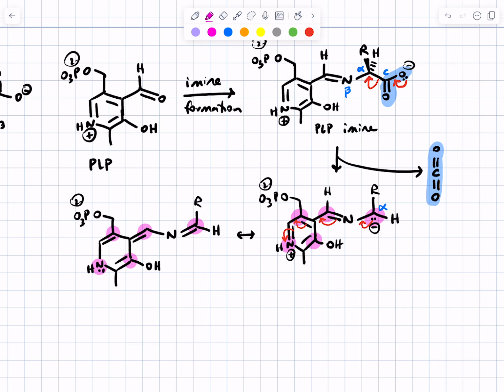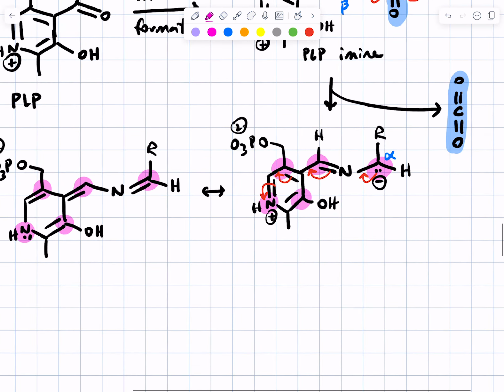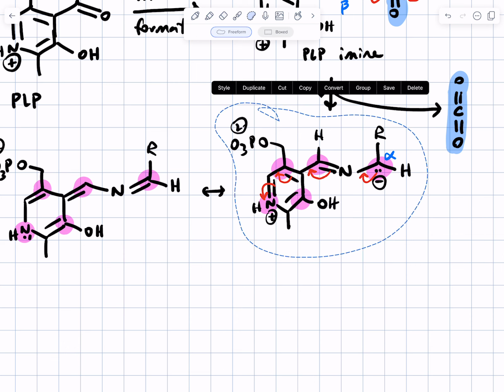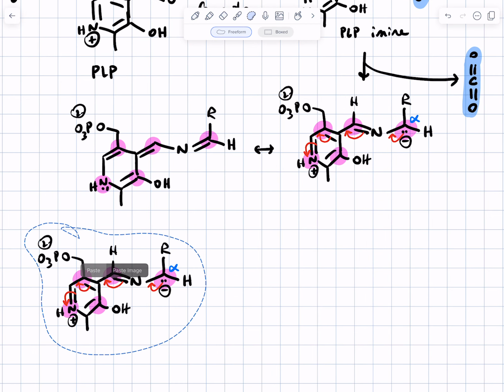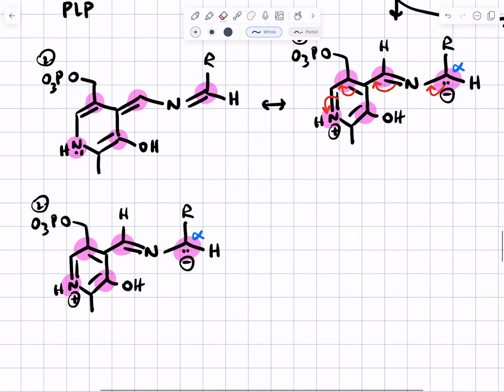Okay, what happens next is pretty easy, and it's actually most convenient to show what's happening next from this resonance structure. So to avoid having to draw too many arrows, I'm simply going to draw the mechanism from this resonance structure. We'll keep the pink highlights because they demonstrate that that lone pair is delocalized.